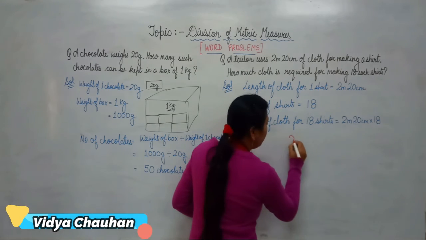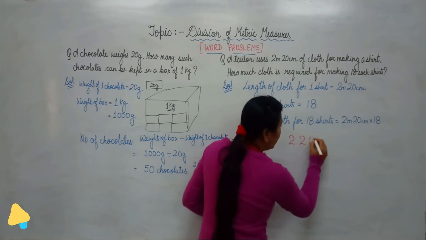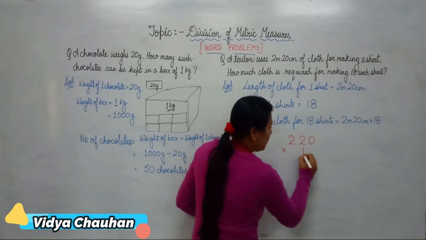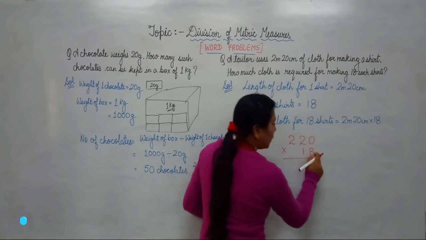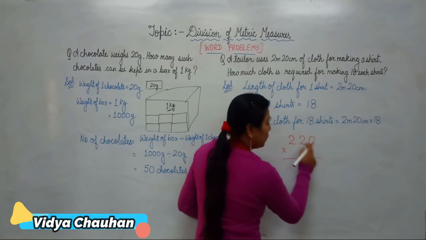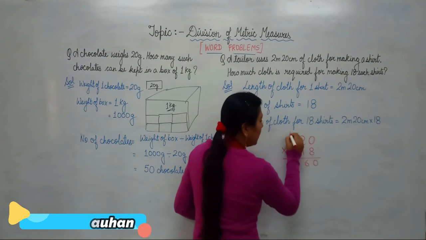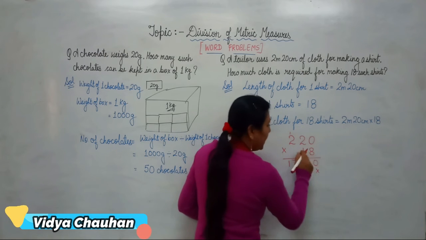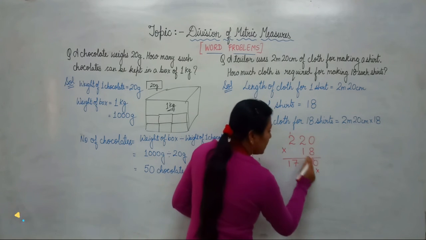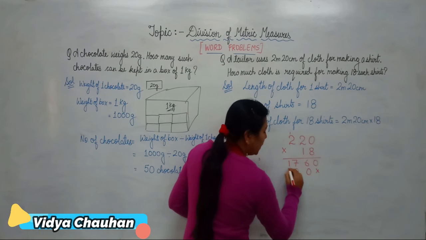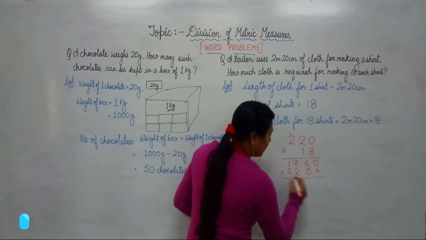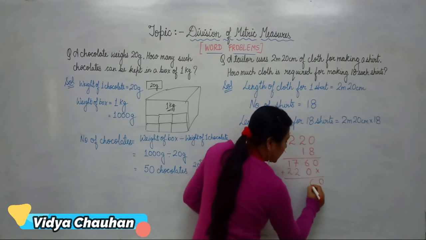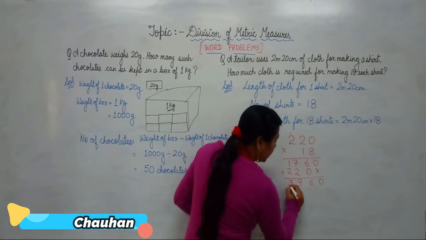In multiplication, we will write the value 220 multiplied by 18. So what will you get? 8 zeros are 0, 8 twos are 16, a carry, 8 twos are 16 plus 1, 17. Then next line, 1 zeros are 0, 1 twos are 2, 1 twos are 2. Adding up the values here, you will get 0, 6, 9 and 3.